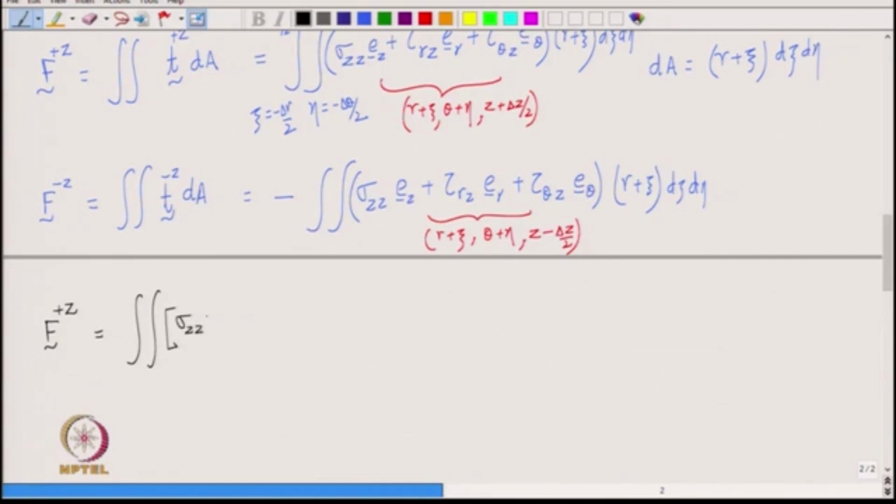sigma z z at the center plus the first derivative term, right. So, that is going to be del sigma z z by del r times zeta, is not it, plus del sigma z z by del theta times eta plus del sigma z z by del z times delta z by 2, correct, plus the higher order term.